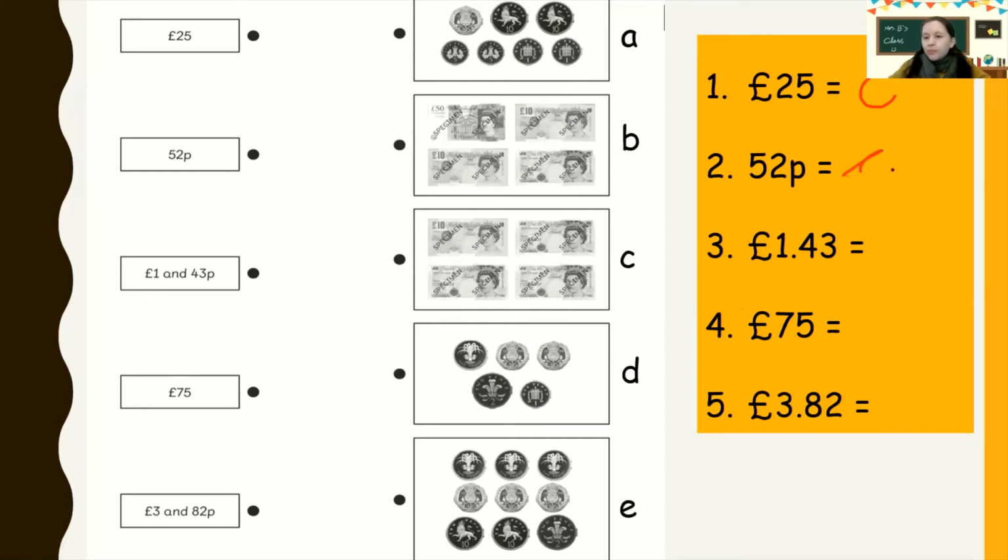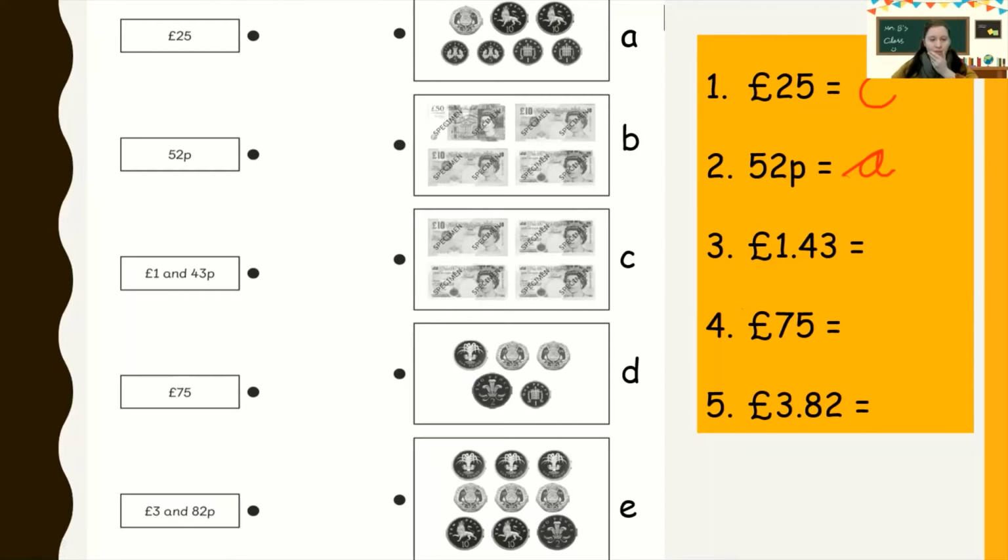Okay, let's look at 3. £1 and 43p. £1.43. So I'm not going to look at notes because the smallest note is £5. So if it's less than that, it's not going to be notes. So let's look down here at these. Let's start with this one. We've got our £1 and then two 20p's. What's two 20s? Double 20.